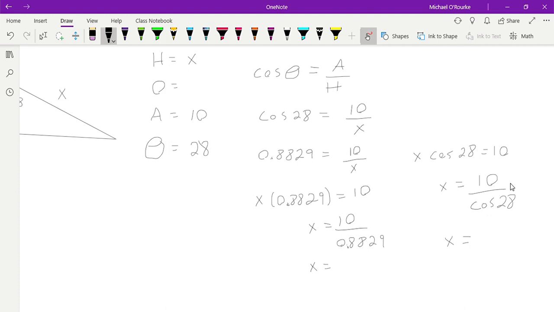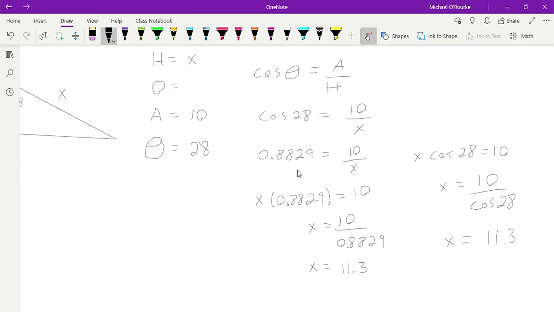You can just go 10 divided by cos 28, which equals 11.3. And if I go 10 divided by 0.8829, I get 11.3. Same answer, not exactly the same.